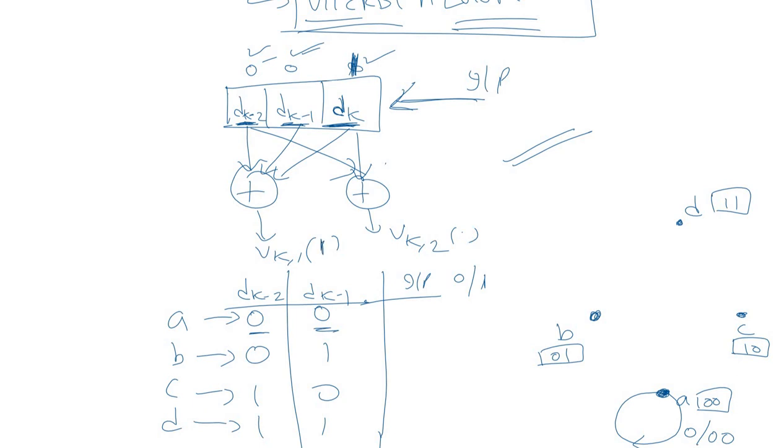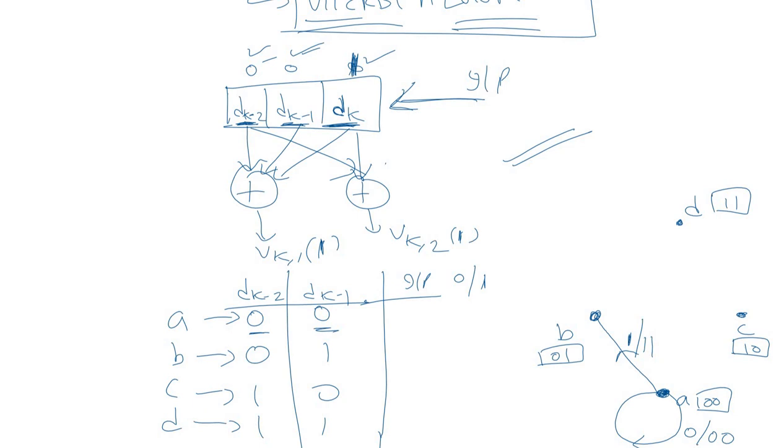So we move on to transition from state A to state B. If the input is 1, the output will be 1, 1. And why do we transition to state B?